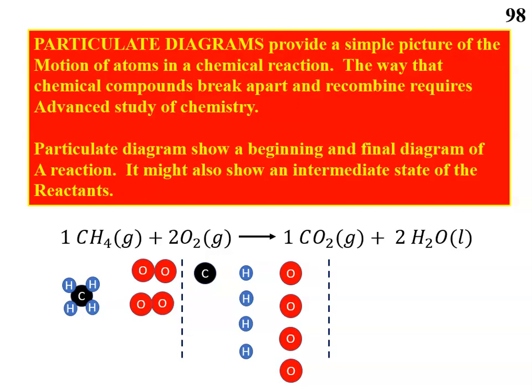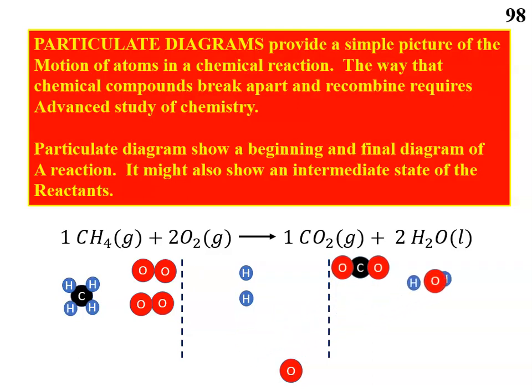And then they're going to recombine into carbon dioxide and H2O. So 2 of the oxygens will combine with the carbon, 2 of the hydrogens will combine with another oxygen, and 2 hydrogens will combine with another oxygen.